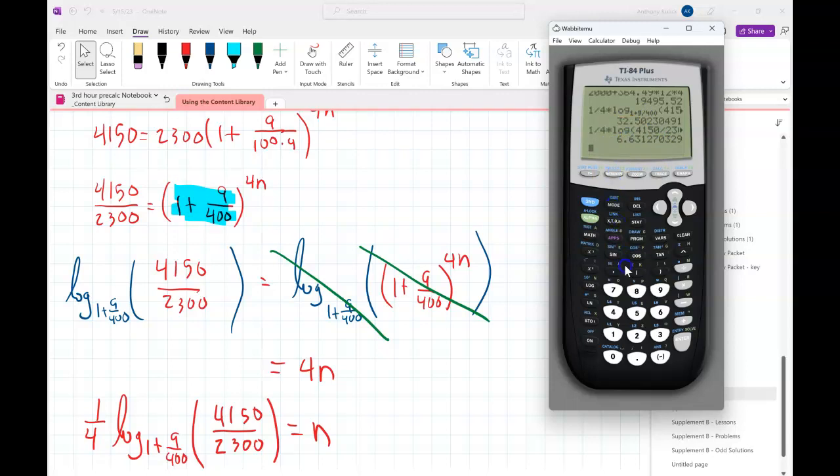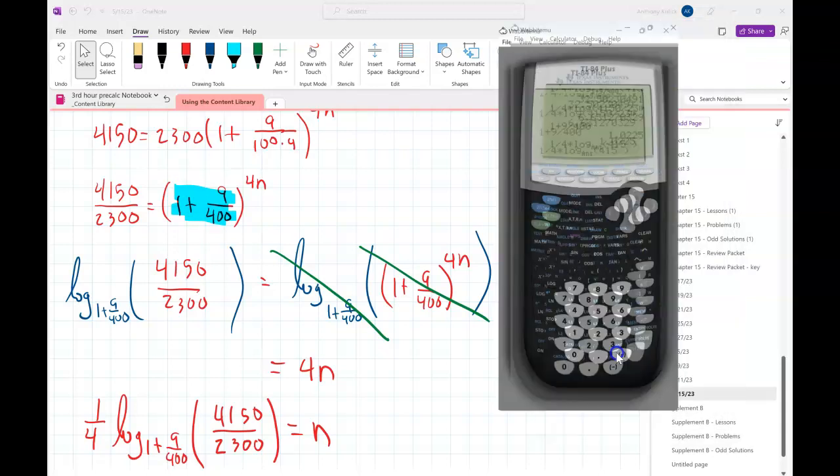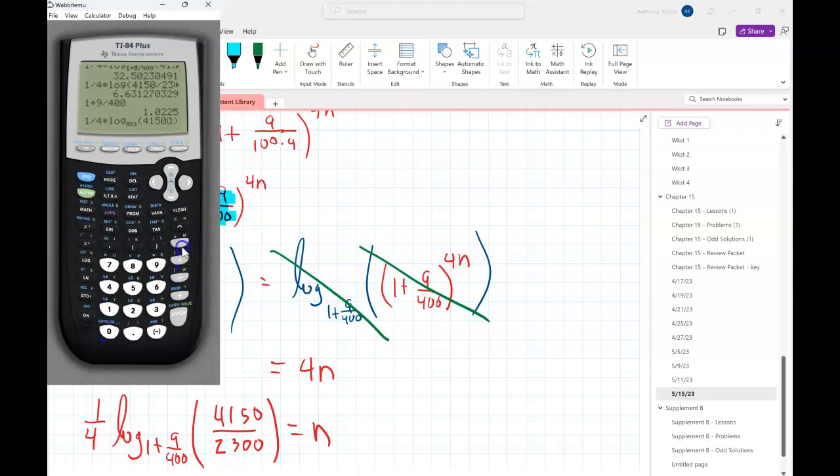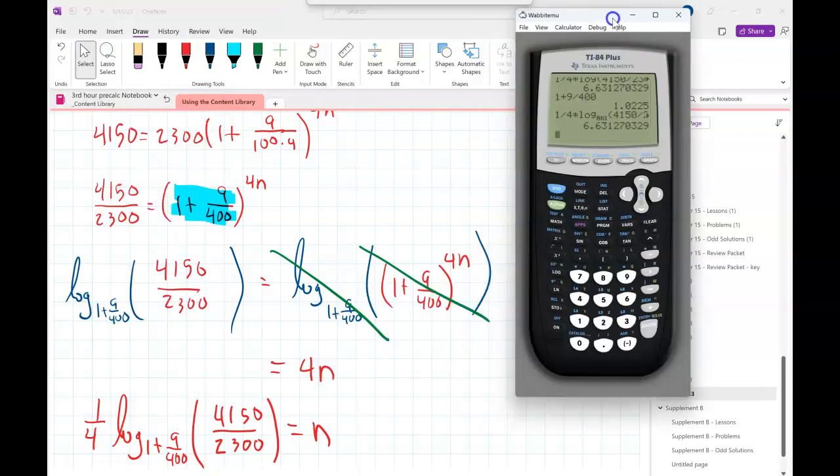If we had instead taken that number, and then did 1/4 times log base of that number, that would have worked also.